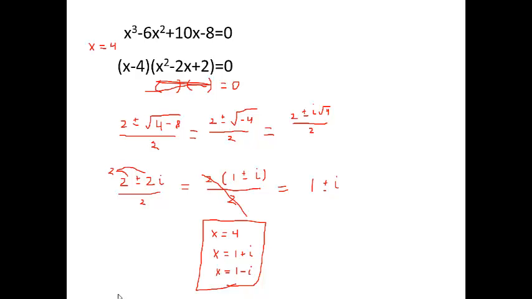I just needed 2 more. So then I took x squared minus 2x plus 2, to see if I could factor it. I couldn't. So then I used the quadratic formula to go ahead and solve for my 1 plus or minus i, which of course got into imaginary numbers, which of course is why I couldn't factor it in the first place. Awesome.